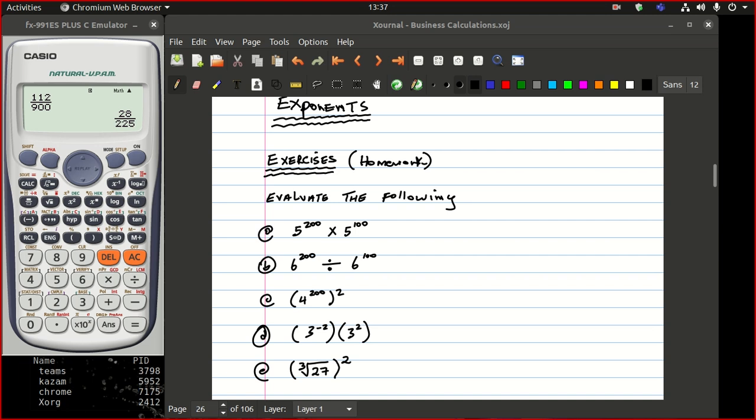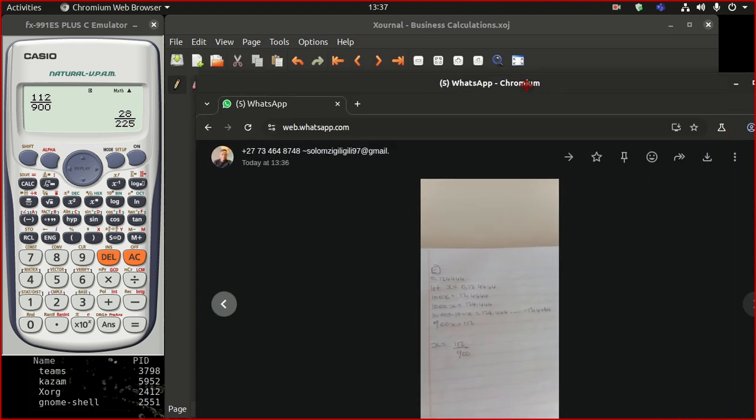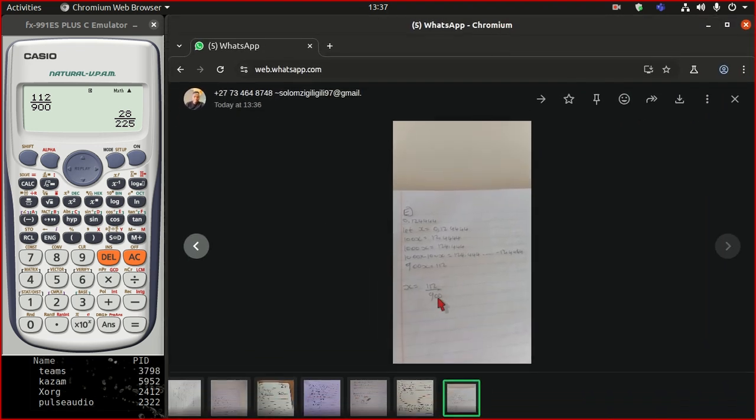Solomzi was still busy with this number E. Number E is fine. You have 112 divided by 900. So we're having 112 divided by a 900. Of course, that's what we do. This is just the same as 28 over 225. So this is correct, Solomzi.